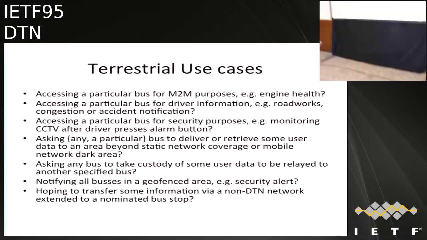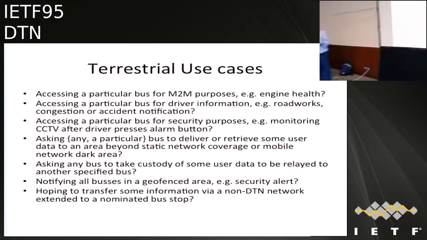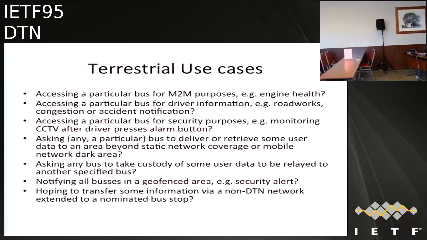So we have some examples. We took, for example, the example of a bus. So how to address a node that has no IP address in a DTN context? Use a domain name, but what is the domain? So there are still some definitions we have to agree on, so that we can build on this agreement.